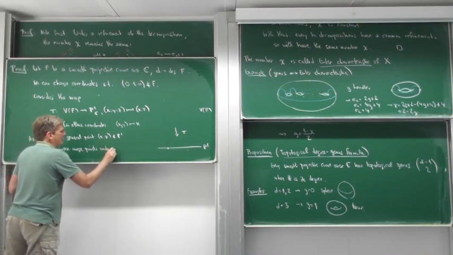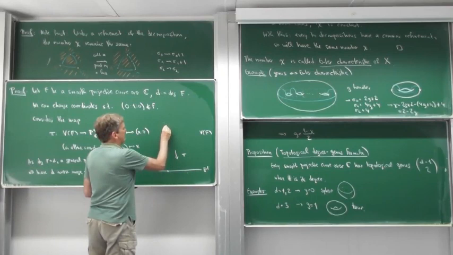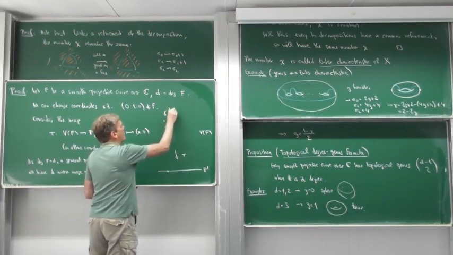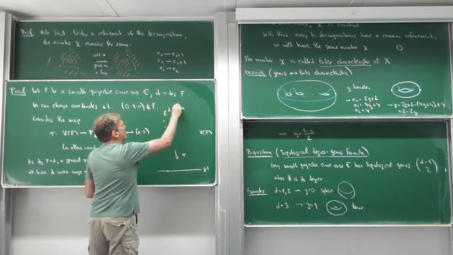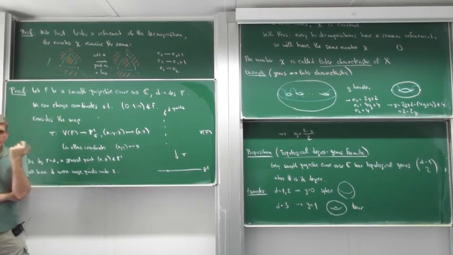under pi. So that means if we have a point here, then we have a certain number of points up here, and that's just d points, in most cases. Of course, it's always d counted with multiplicity.